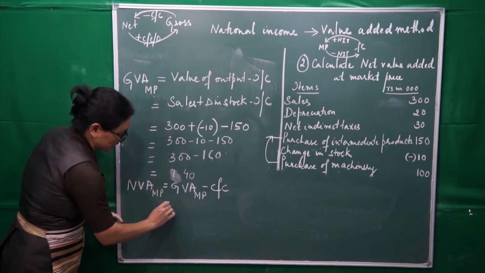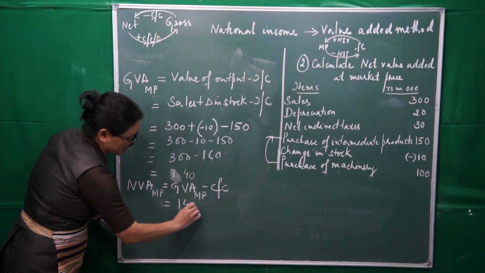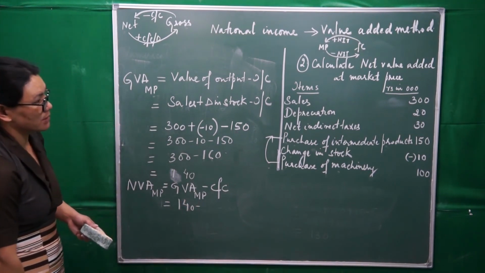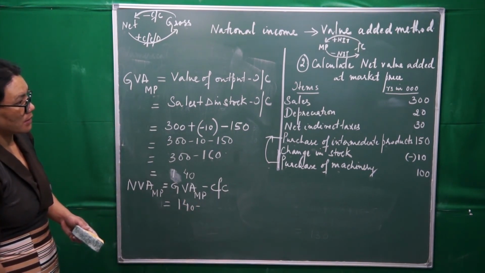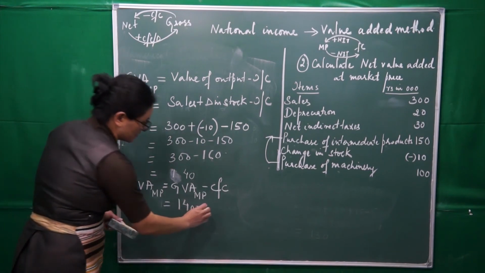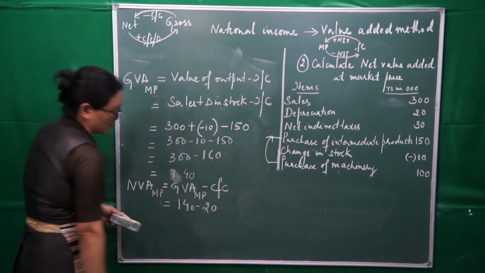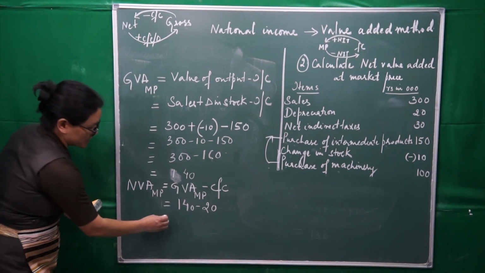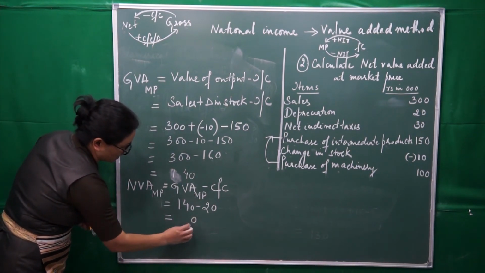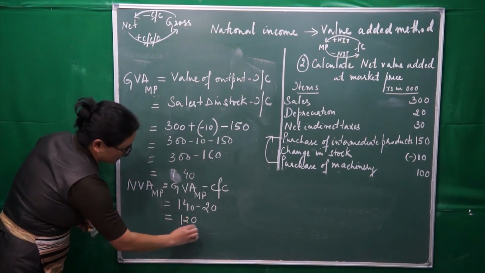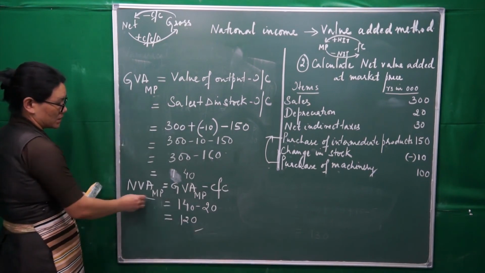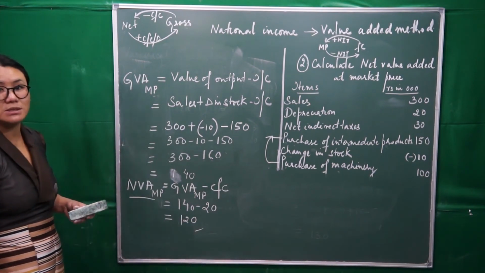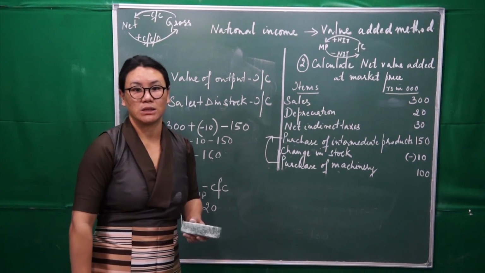So 140 minus CFC, which is depreciation. Is it given? Yes, it is given as 20 here. So 140 minus 20 is 120. Net value added at market price is 120.